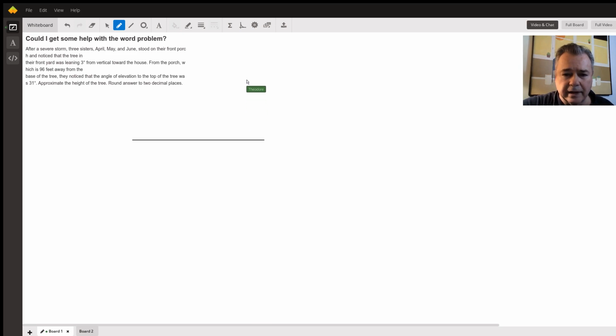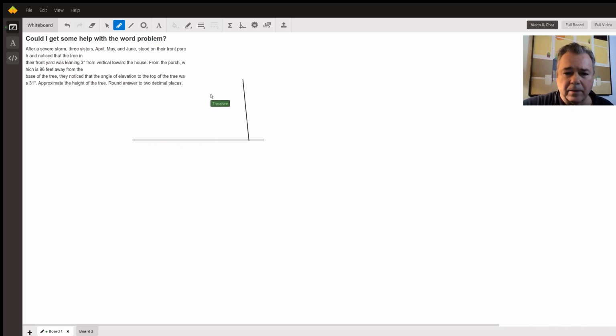The tree is no longer vertical. It's leaning 3 degrees, and we just need to approximate that with a line that is slightly tilted.